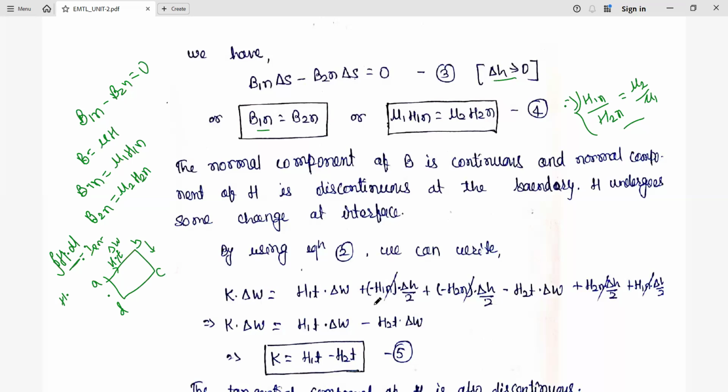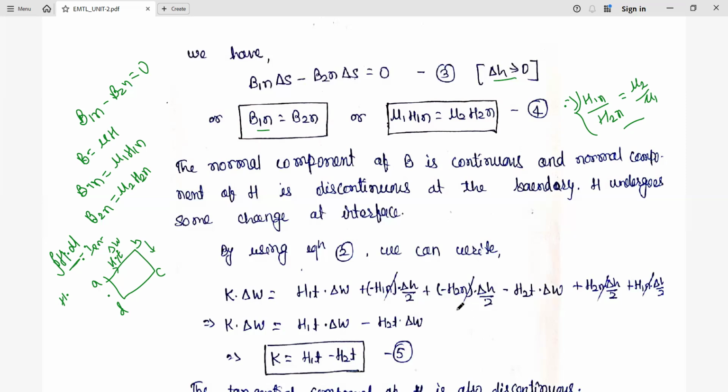That's why we have minus H1n. And the direction is upwards. From the plane, upside is positive, bottom side is negative. So here we are moving in the opposite direction, so minus del H by 2.